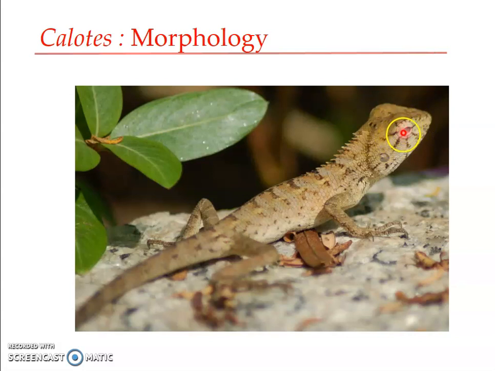Here it is not like that, and they are very slow moving, the chameleons, while Calotes are fast runners, and both have the ability to change their body color to camouflage to their surroundings. Calotes is a little smaller compared to chameleon, and Calotes is more common and widely distributed as compared to the chameleon.